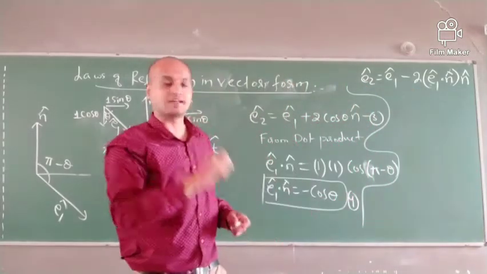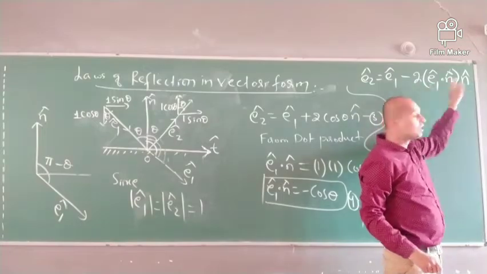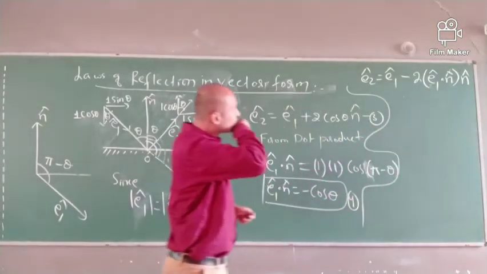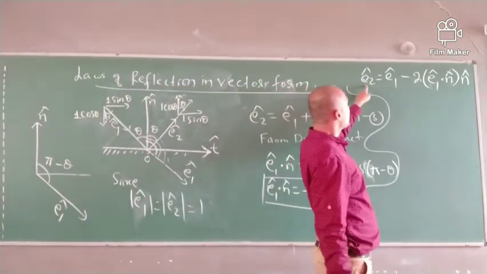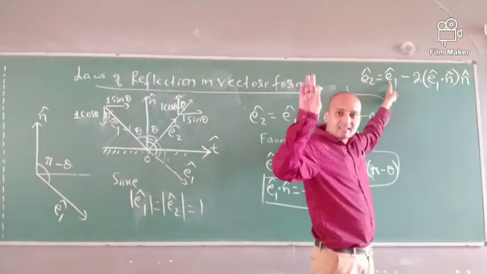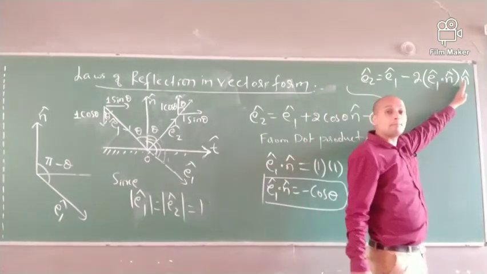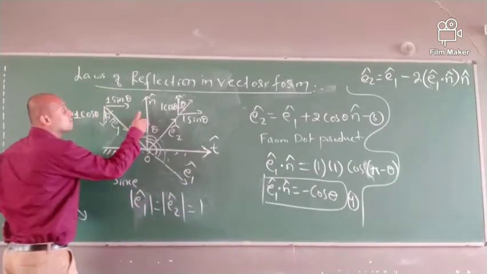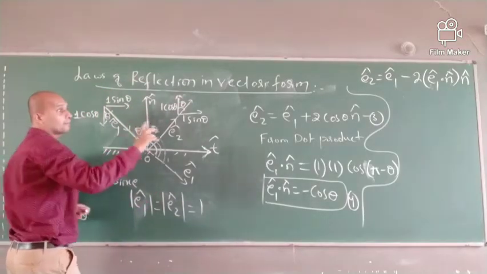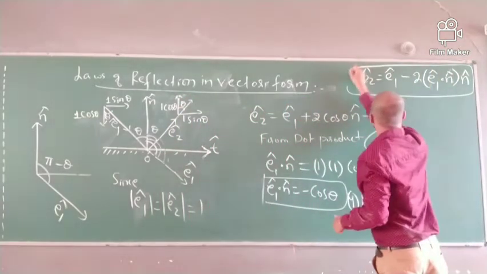What is the direction of this magnitude value? N cap. That means the reflected ray will be like E1 only, but what is changing here? The component of the direction of the incident ray which is parallel to n cap is going to change. That is what the result is.